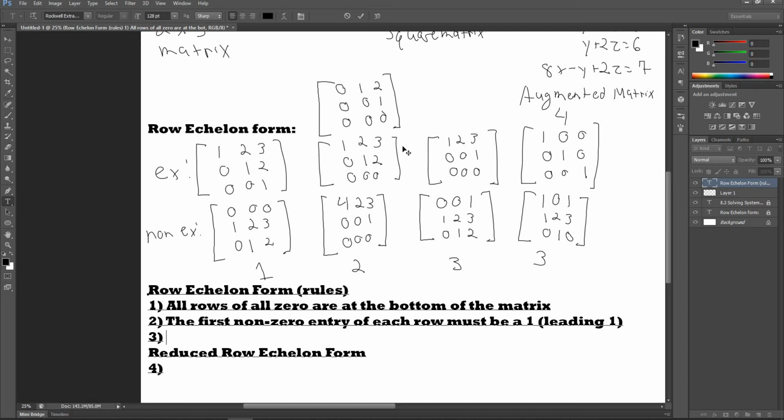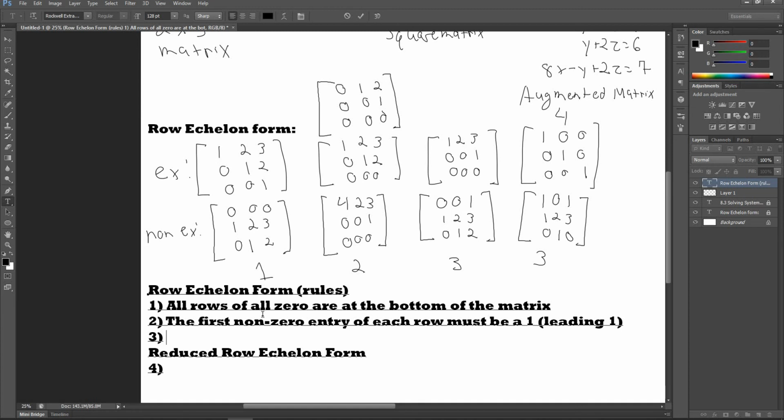And this is visible in this one as well. I have my leading 1 in column 1, so everything beneath it should be a 0. I don't have another leading 1 until column 3, and I'm starting at row 2, so everything in column 2, starting from row 2, should be 0.